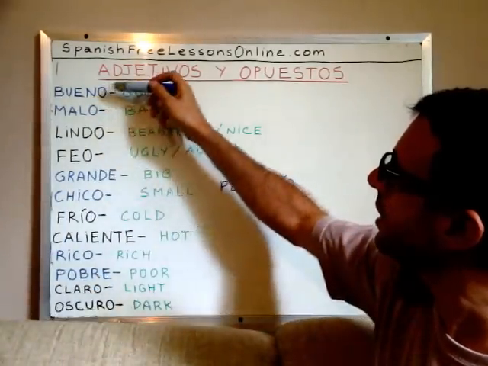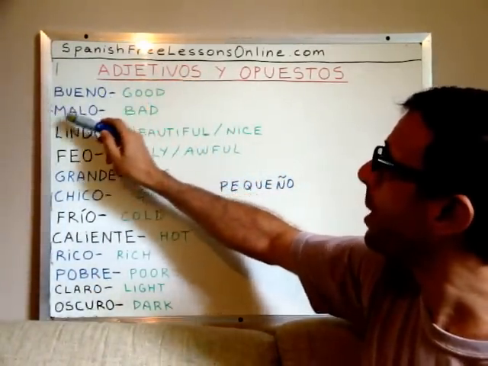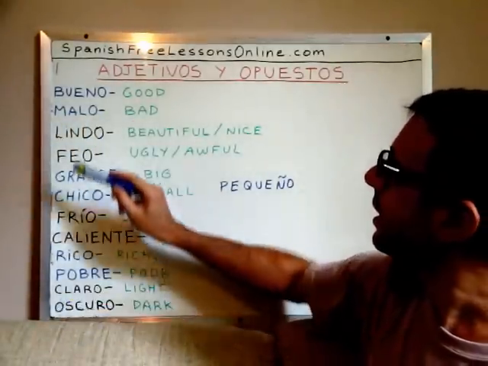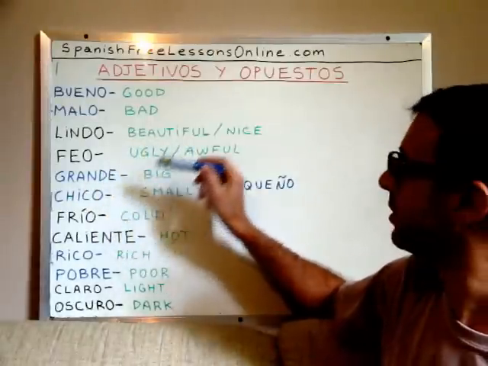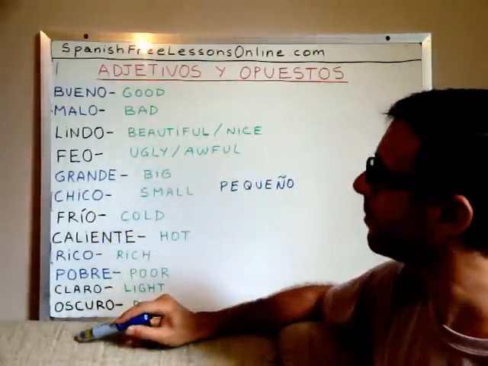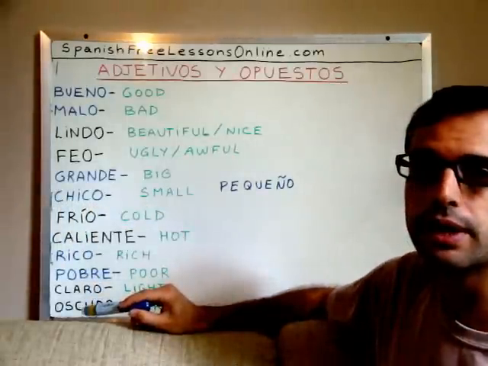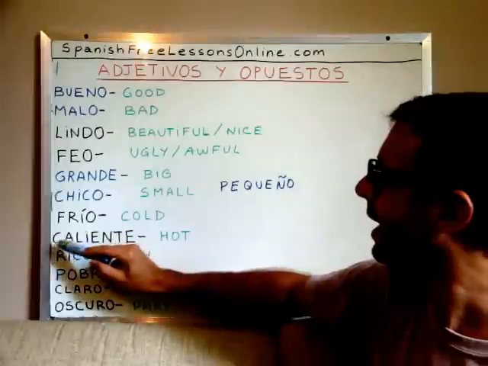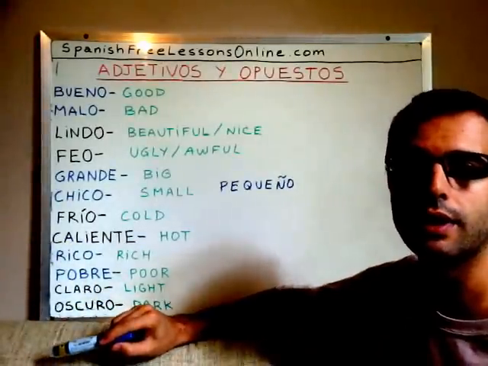Let's start again. The first set of opposites is bueno, malo, good and bad. Lindo, feo, beautiful, ugly, or nice and awful. Grande, chico, for big and small. Frío, caliente, for cold and hot.